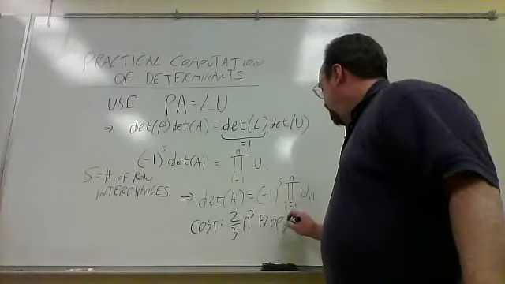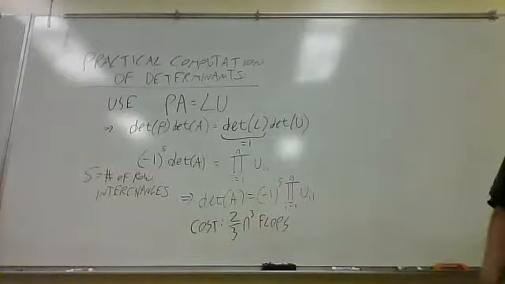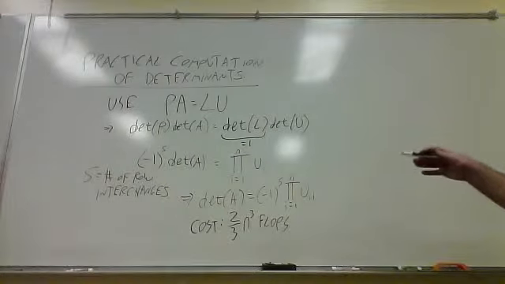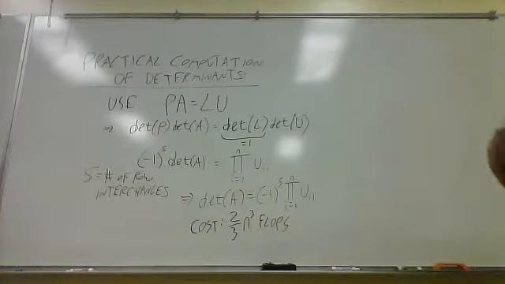But that is a whole lot better than n factorial, using the definition that's commonly taught in a class like 326. So this is the most efficient way to compute a determinant for a general square matrix.